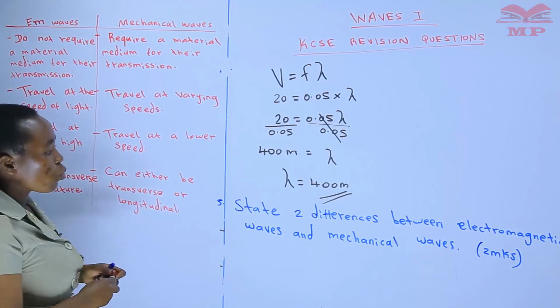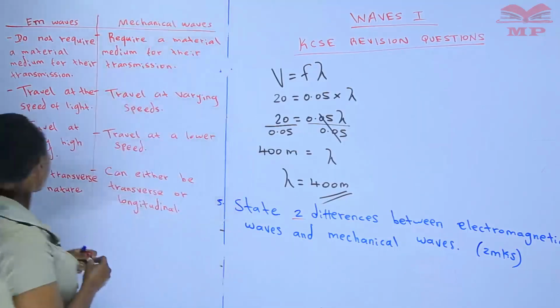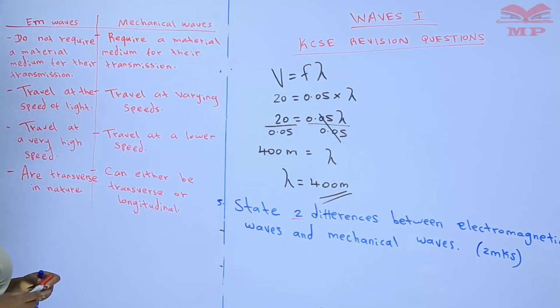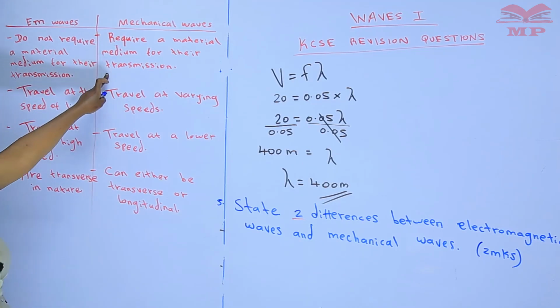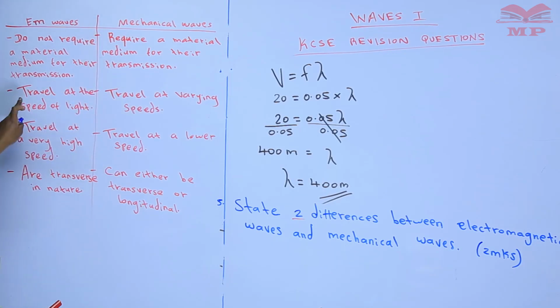So we have been told to state two differences, but we have been able to give 4. So when you are asked such a question, you can give any 2 among the 4 that we have given. So we have seen electromagnetic waves, mechanical waves. Electromagnetic waves do not require material medium for their transmission. Mechanical waves require material medium for their transmission.